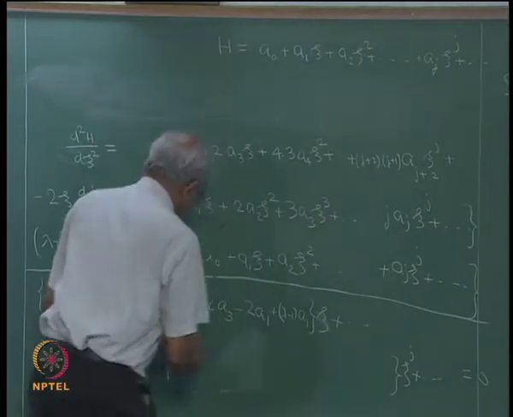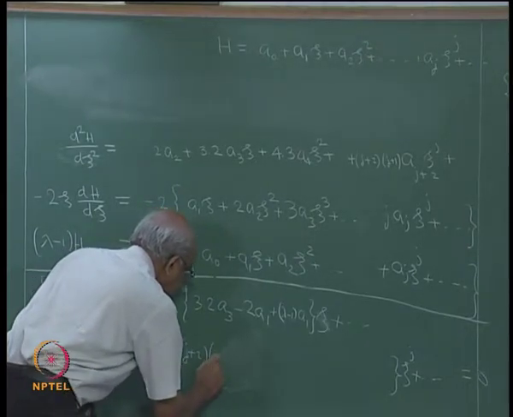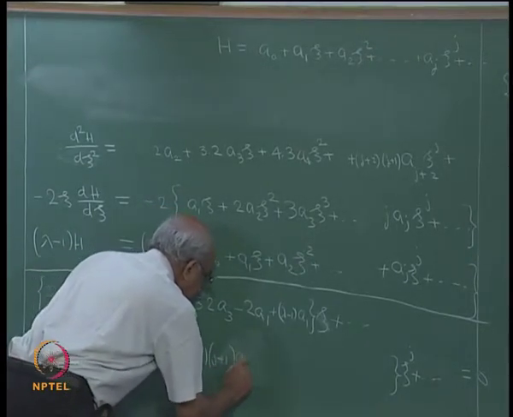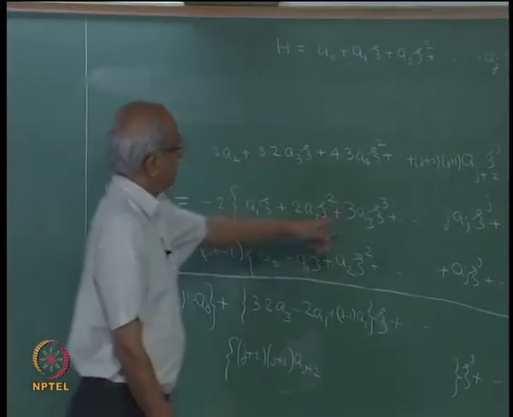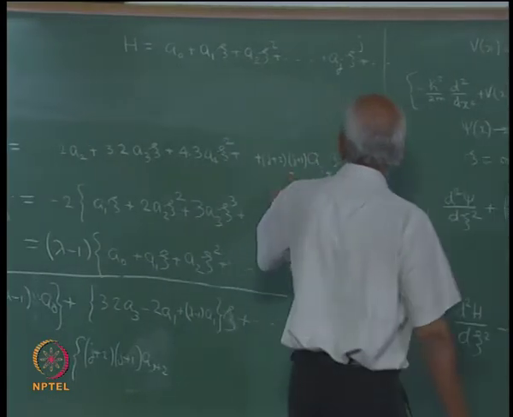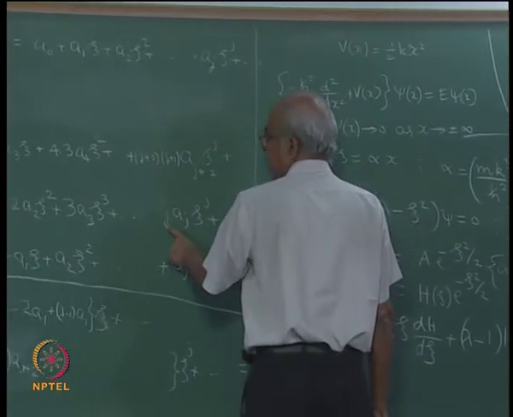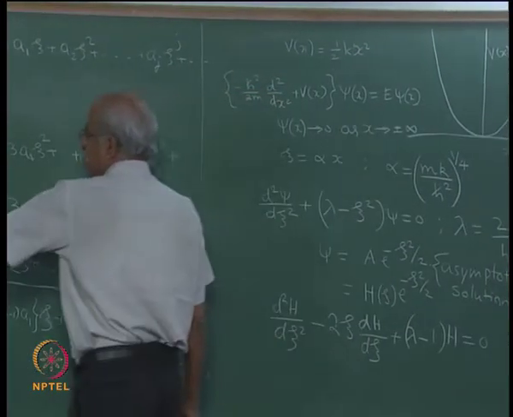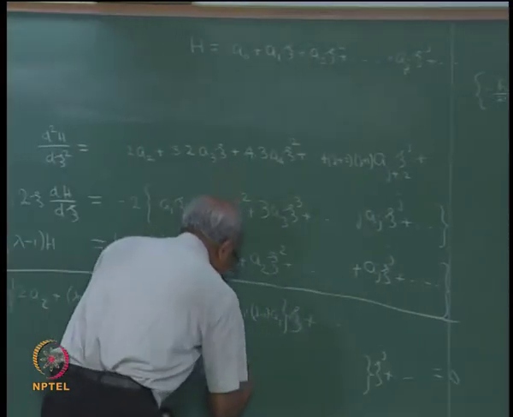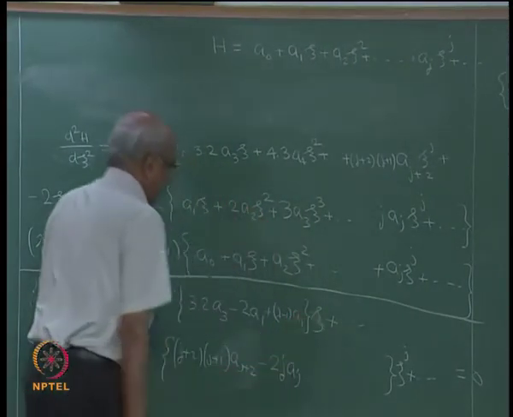Well, you are going to get (j+2)(j+1) a_{j+2}. That is coming from here, that is the term involving c to the power of j. Then there is a term coming from here, j a_j, but that has a minus 2 associated with it. So, therefore, minus 2 j a_j.